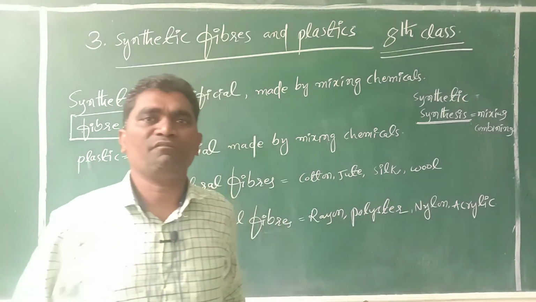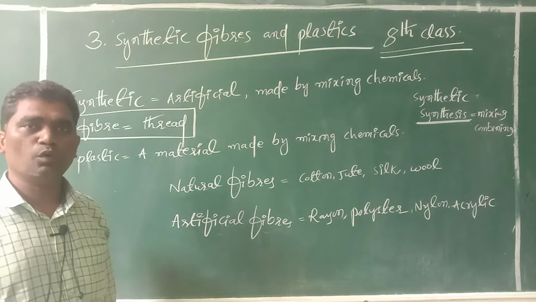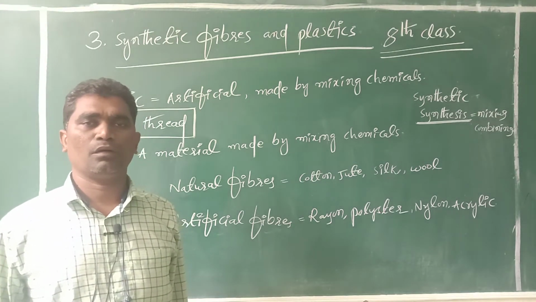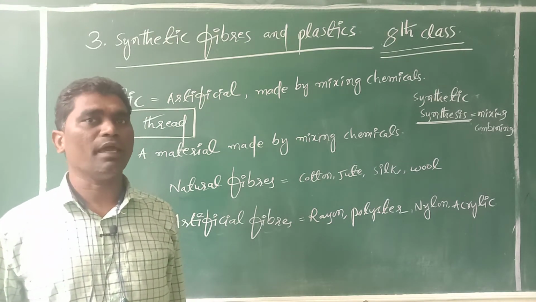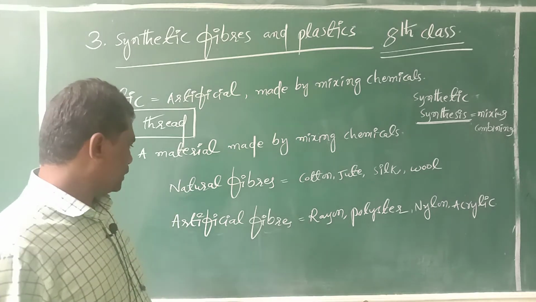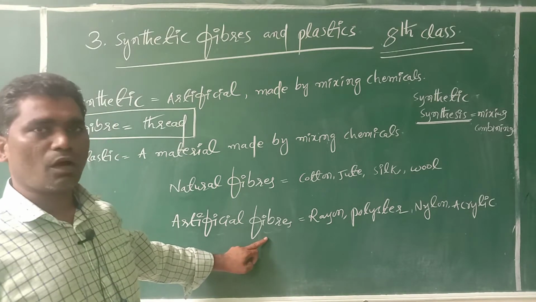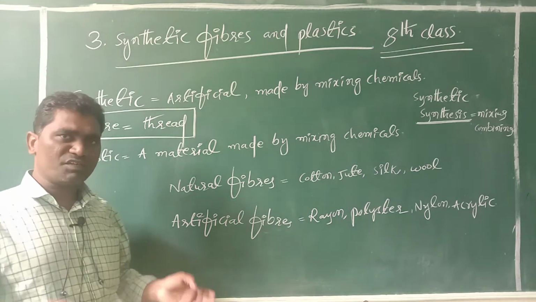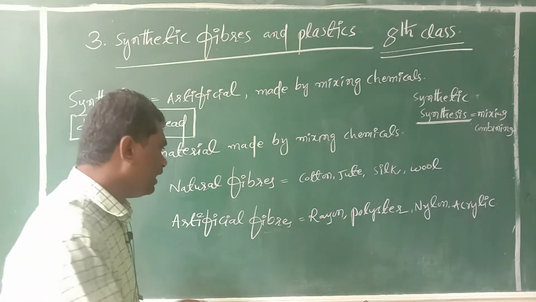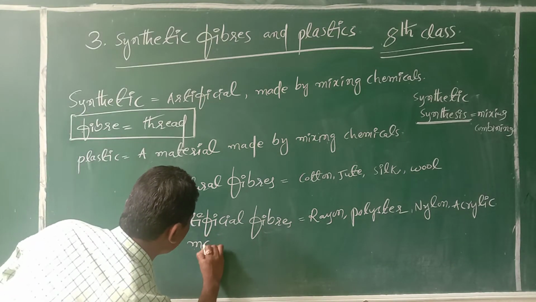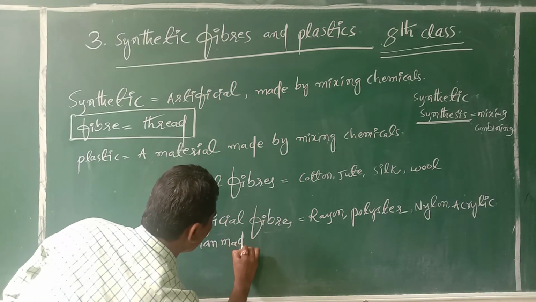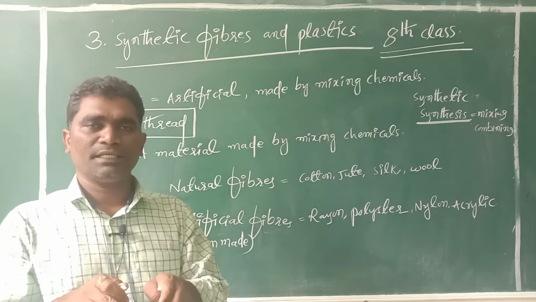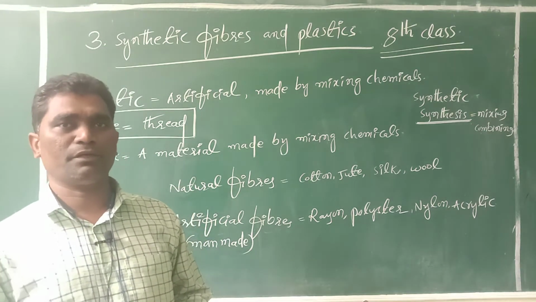And wool is obtained from the hair of the sheep. Next, artificial fibers. Artificial means synthetic, man-made. Nothing but by mixing chemicals, fibers are produced.